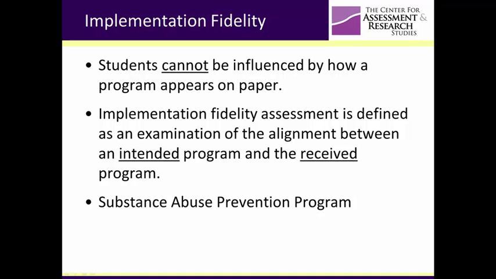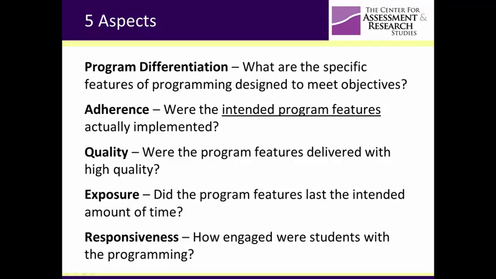We've tweaked this some to make it simpler here. We will walk through 5 different aspects of implementation fidelity, and as we do, you'll be provided with a table that will allow you to assess it. The first thing is program differentiation.